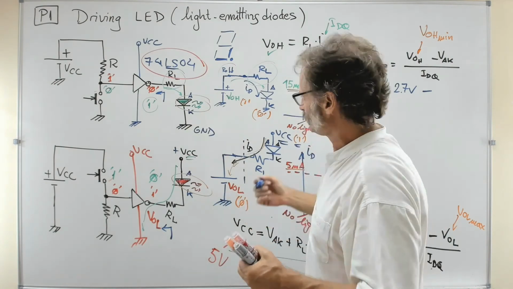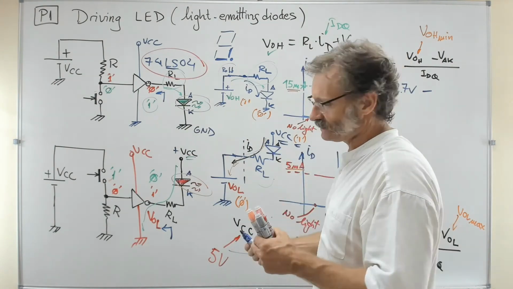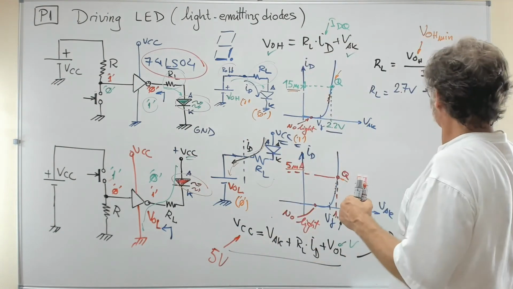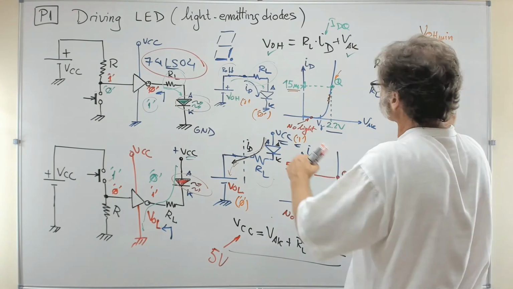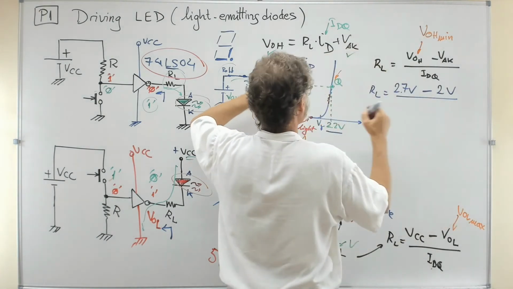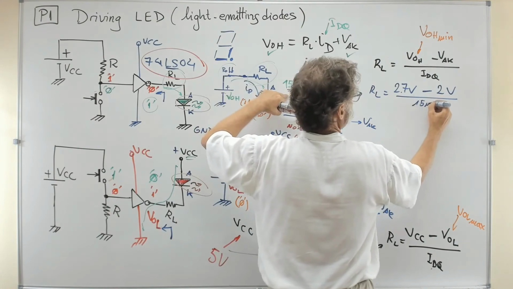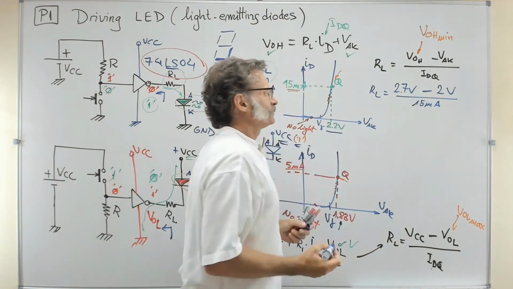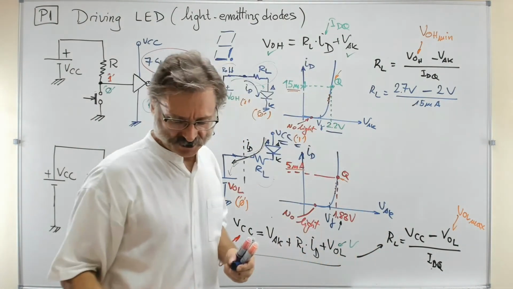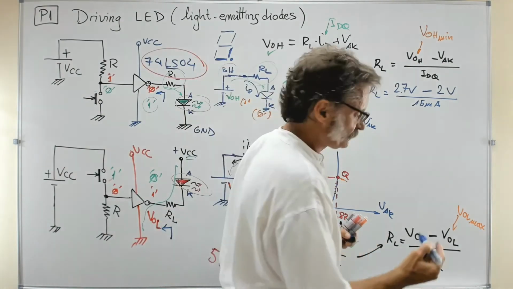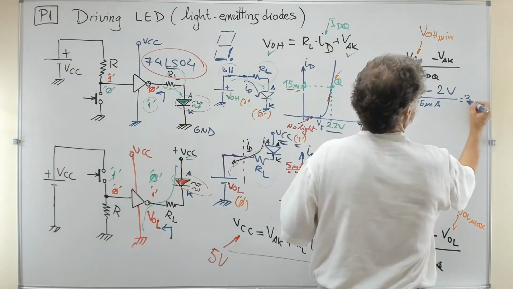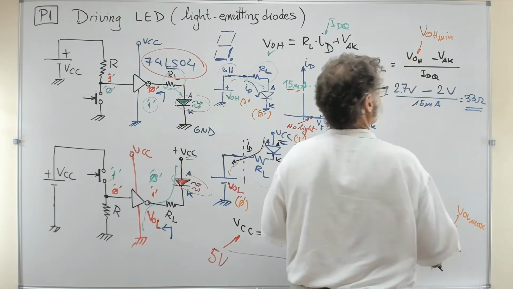For example, the green has a different value from the red or the yellow. But let's imagine 2 volts. The current is naturally determined here as 15 milliamps. So in this situation you need a resistor of 33 ohms, that's okay.